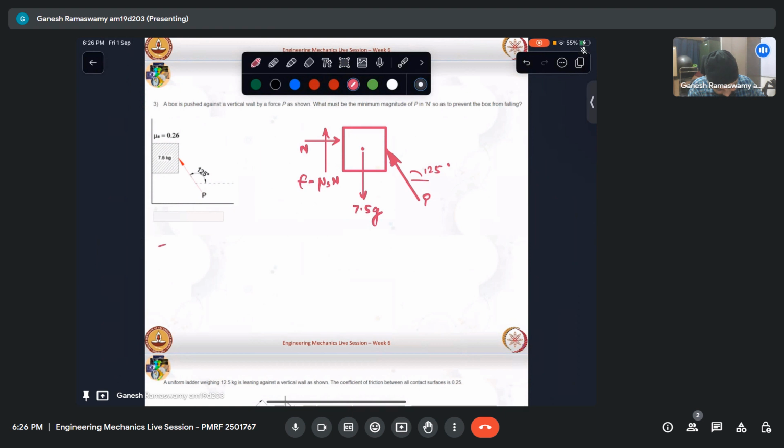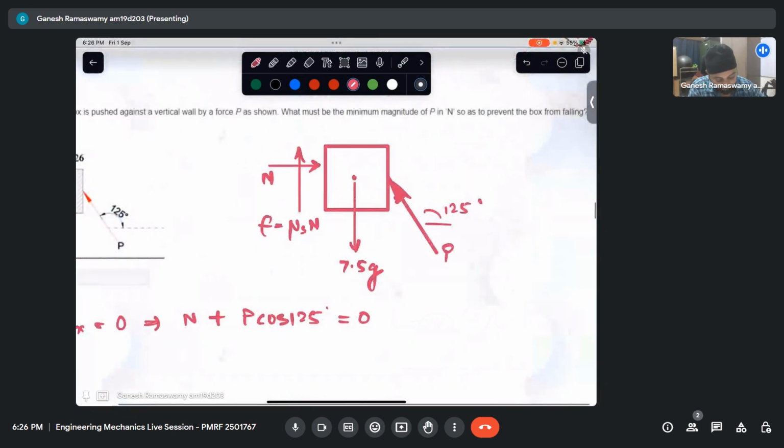So we have sigma Fx equaling 0, which gives us N plus P cos 125 equaling 0. Now it should be kept in mind that this 125 is with respect to the positive x. If we resolve this P like that, then we should put a minus sign here. Since I'm not resolving, I'm considering that the cosine of the angle will take care of that.